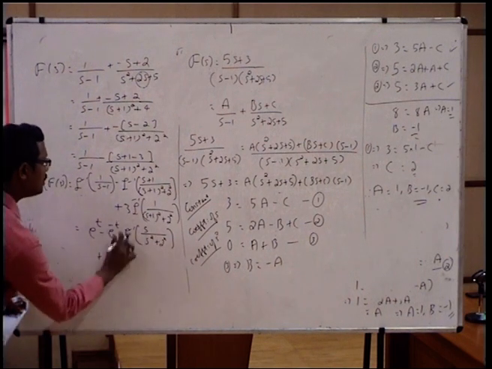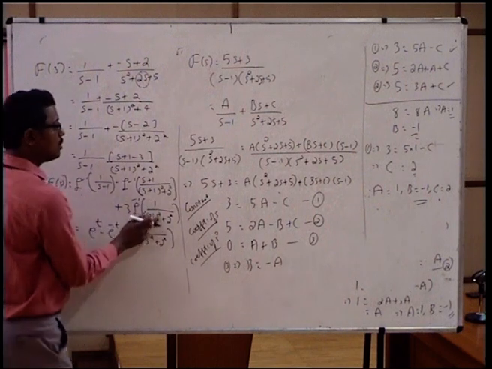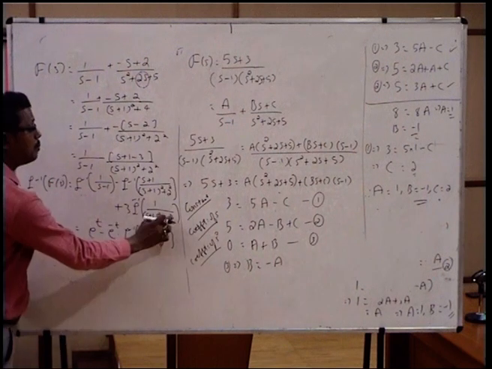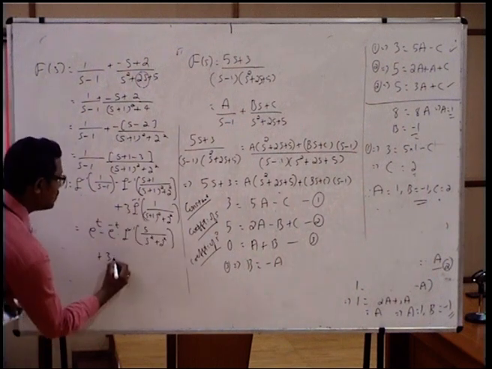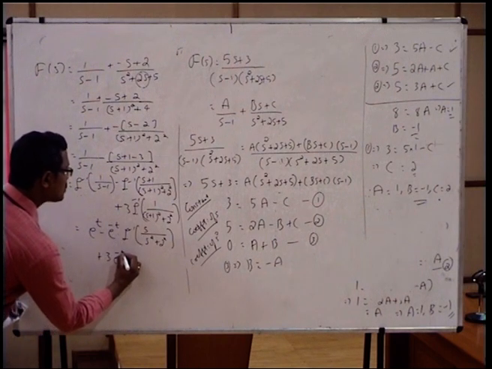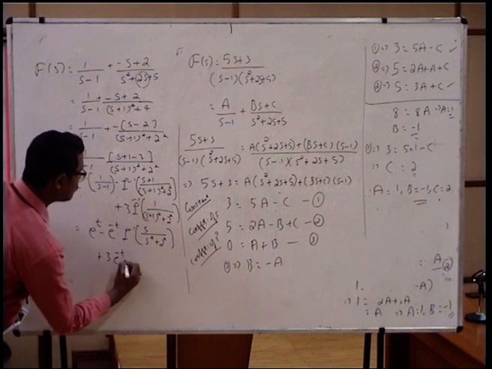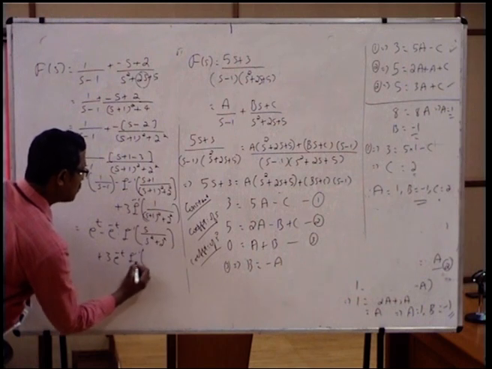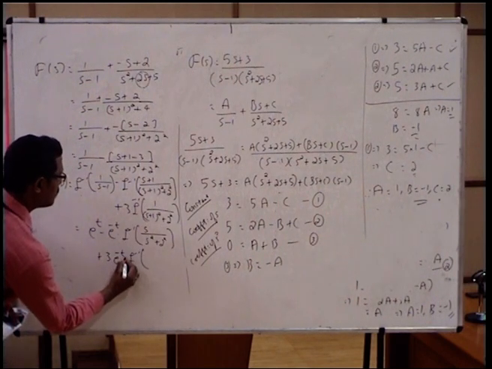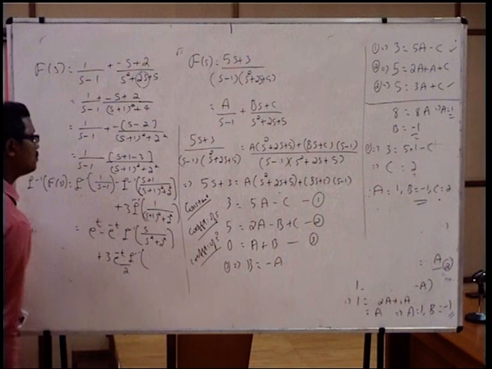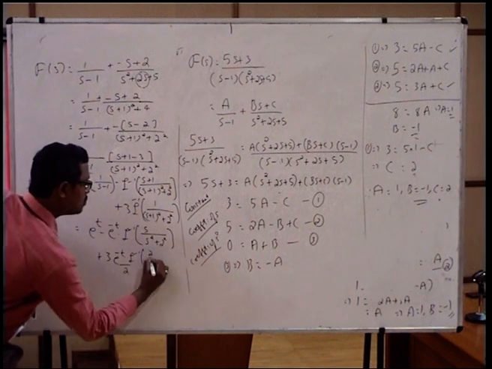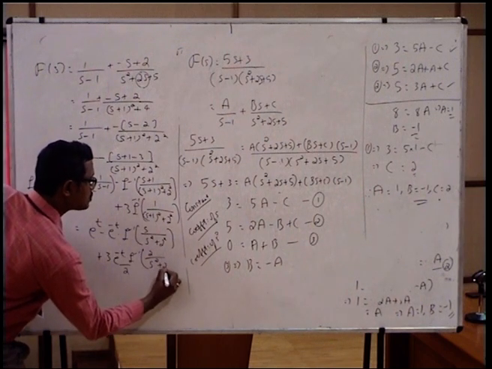plus 3 into, numerator is constant and b equal to 2, so 3 into e raised to minus t into L inverse of, so multiply and divide by 2, 2 by s square plus 2 square.